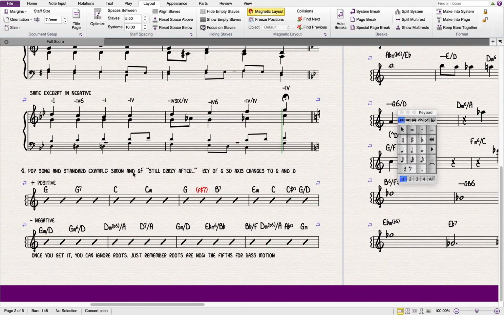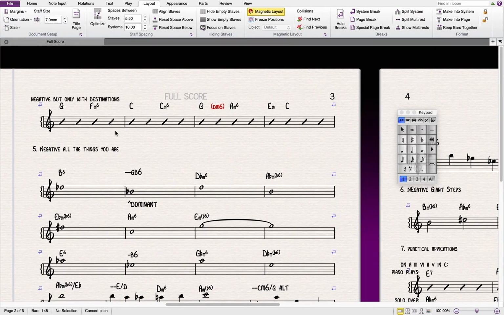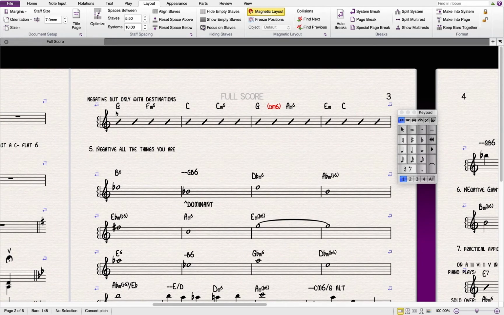First of all, if you look at those first two bars, G, so that's the 1 going to the 1 dominant, secondary dominant going to the C, going to C minor, that's the 4 minor going to G. You can look at these bars up here as negative, but only with the destination.